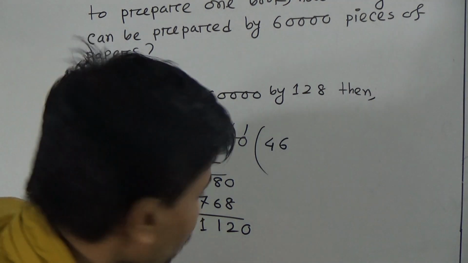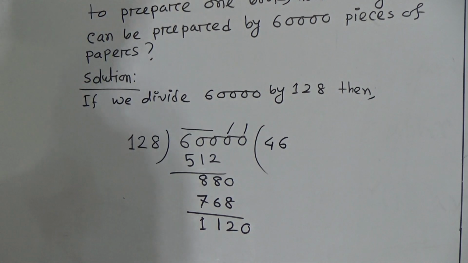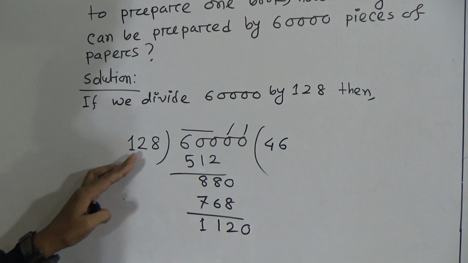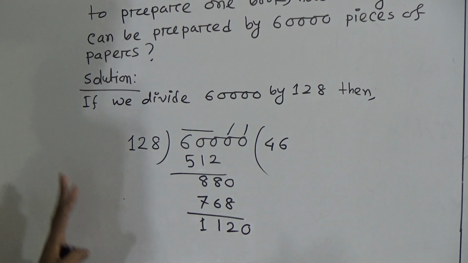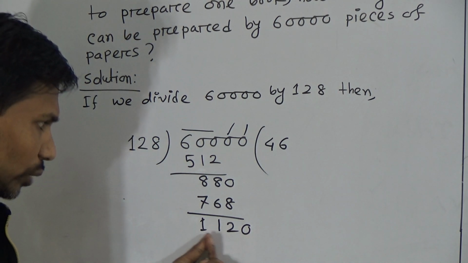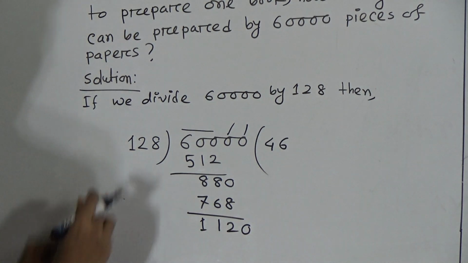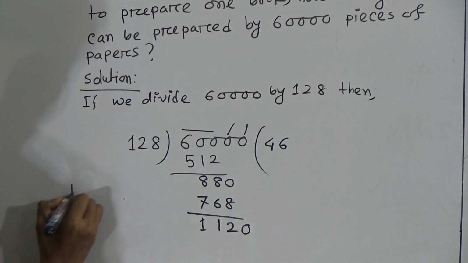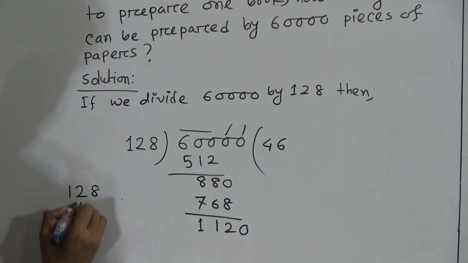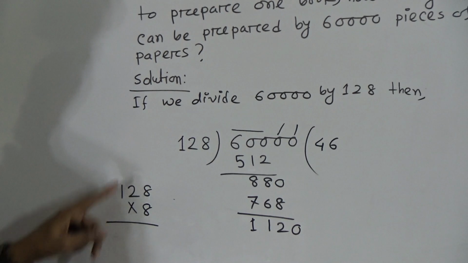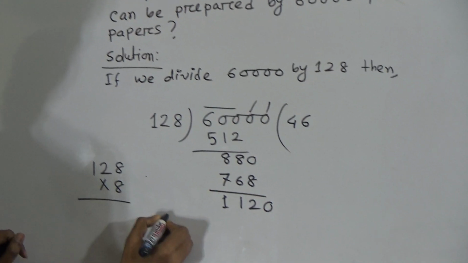Now we have to divide 1120 by 128. Student, notice here, if we take 9 times of 128, then our product will be larger than 1120. So we have to take up to 8 times of 128. Look, 128 into 8. Now multiply. 8 8s are 64.